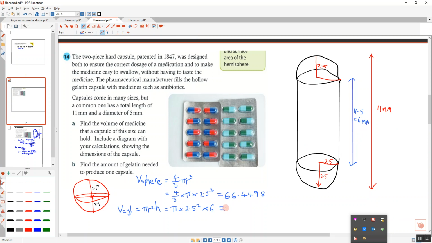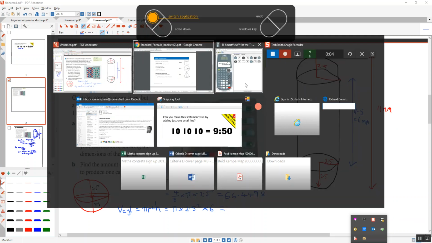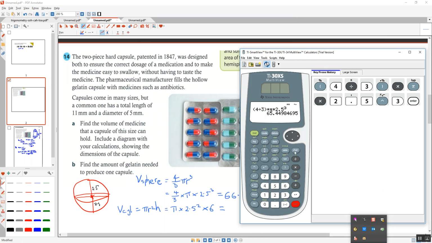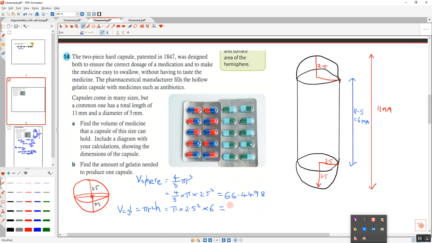Now if I put that in my calculator, pi multiplied by 2.5 squared multiplied by 6 equals 58.905.